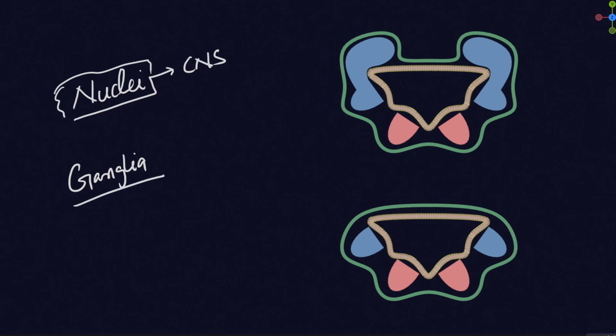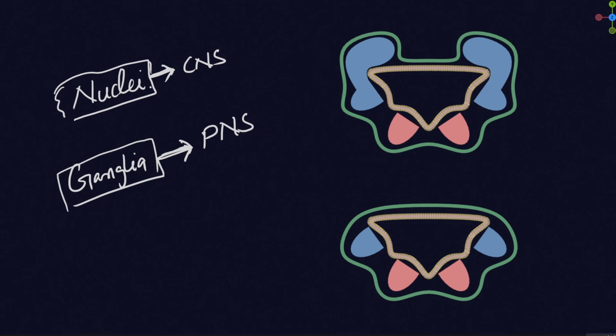But if such aggregates are in the peripheral nervous system, for example the dorsal root ganglia we had talked about, then such aggregates of neuronal cell bodies in the peripheral nervous system are termed ganglia. In the central nervous system, they are termed nuclei.